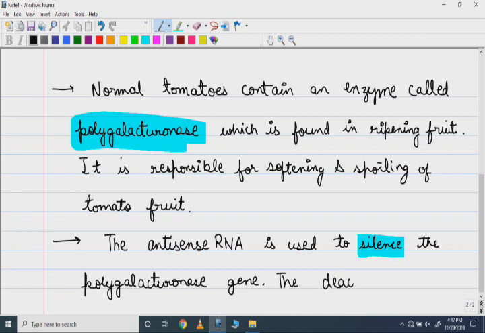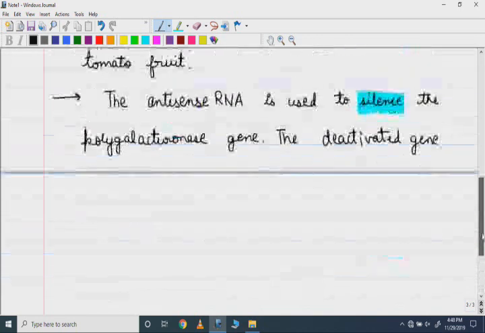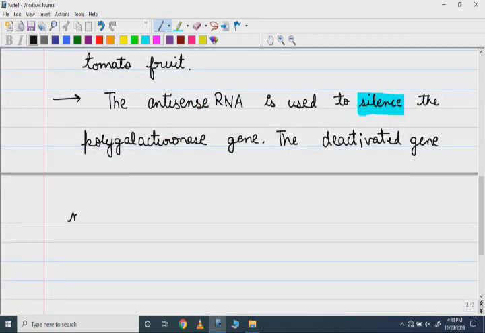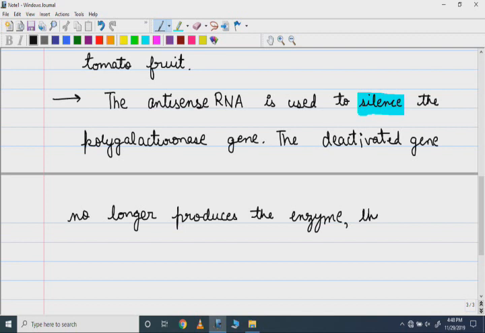The deactivated gene no longer produces the enzyme, thus increasing the shelf life of tomatoes.